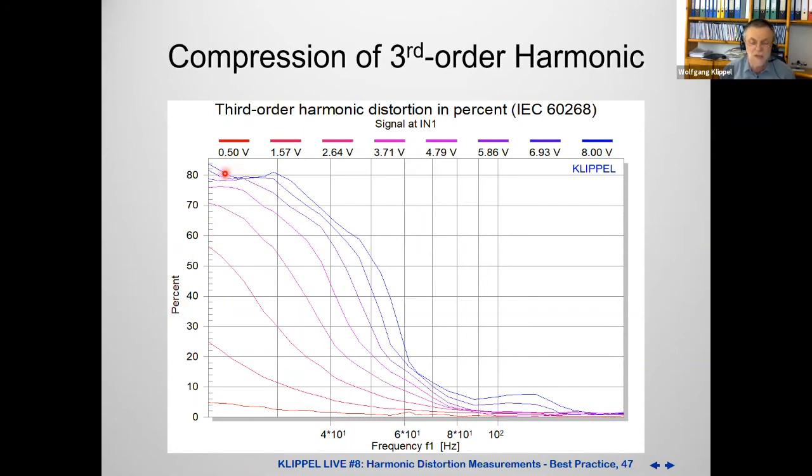It's not so nice to look at that. It is referred to the total signal, so we get the natural compression effect. We are never higher than 100%. So we are squeezing all those higher voltages together in a natural way. But for higher voltages, more distortion. That's true for third order, usually.